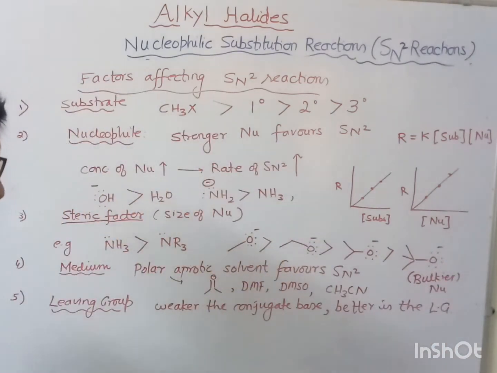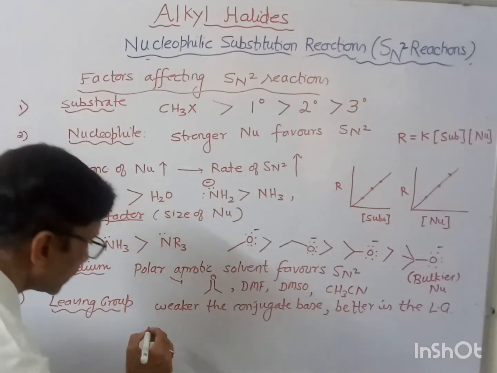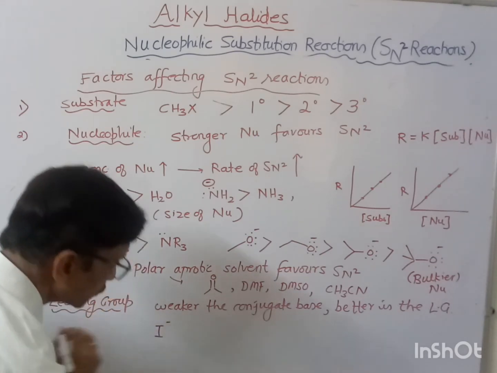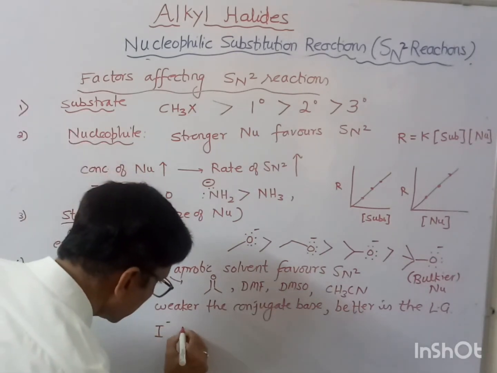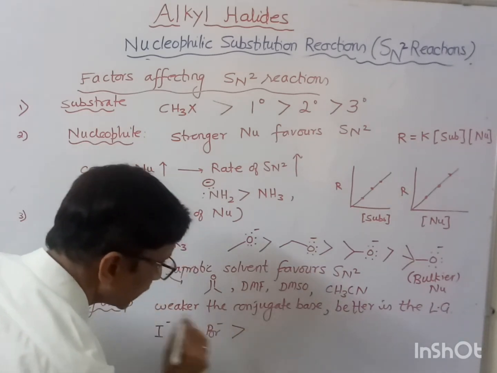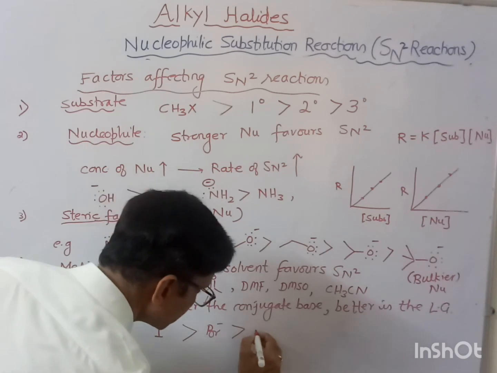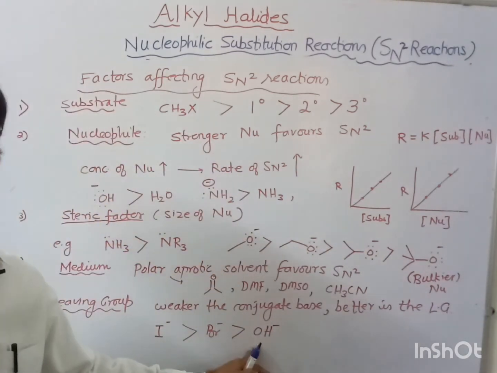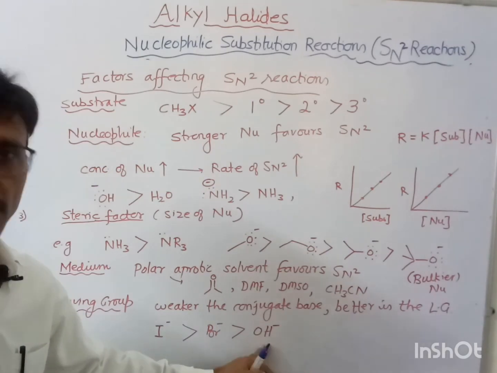Okay. So for example, iodide ion is a good leaving group, then bromide ion, then chloride ion, and then hydroxide ion. So hydroxide ion is a very poor leaving group.